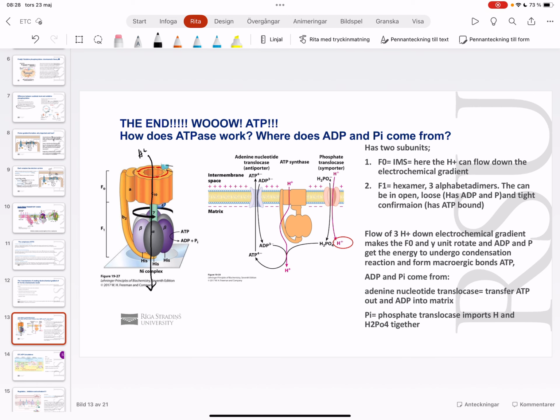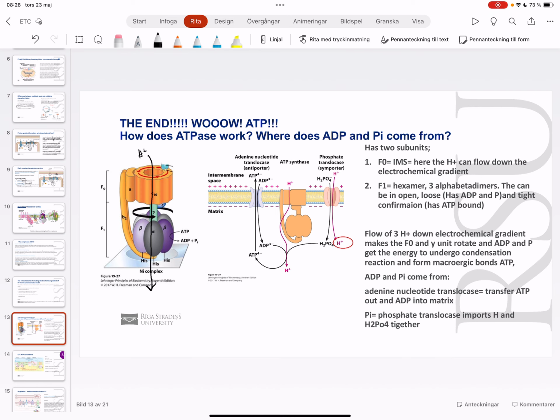And as they do that, we will go to the F1 subunit, which is a hexamer. So it has 6 subunits, and it has 3 alpha beta dimers, so they can be in open, loose, and tight conformation. If they are in open, then they have no ADP and no phosphate.